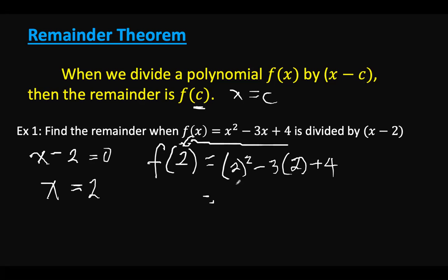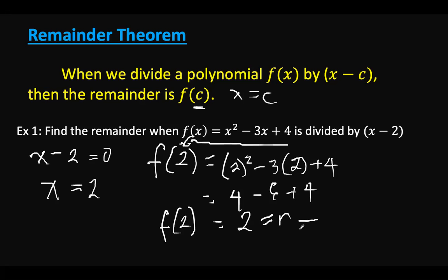So, simplify natin, magiging 4 minus 6 plus 4. So, 4 plus 4, 8 minus 6 is 2. Or 4 minus 6, negative 2, plus 4, that's 2. So therefore, f of 2 is equal to 2, which means this is the remainder.